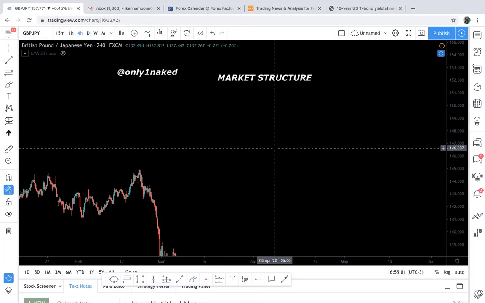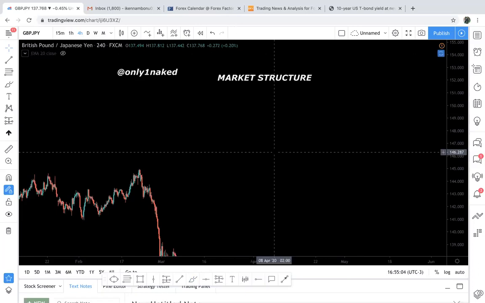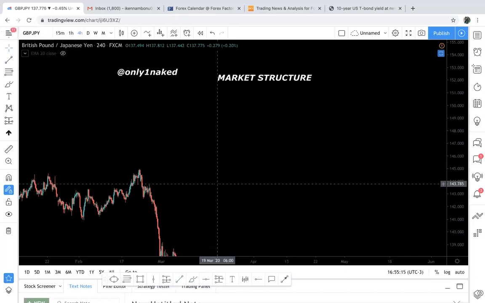We can also identify a shift in momentum, which simply means that the market has actually changed trend. Right now I'm going to show you guys an example using this trend line, and we'll also do it on the chart. But let's start with the trend line.